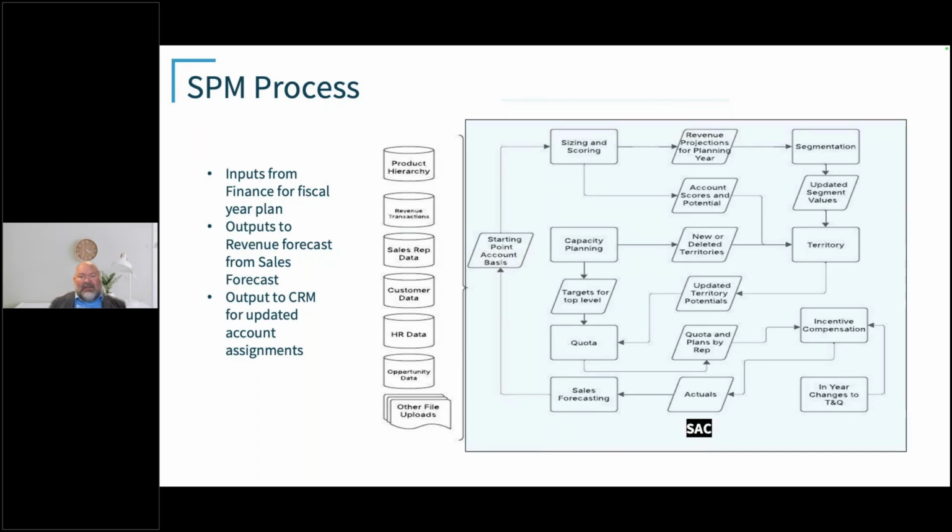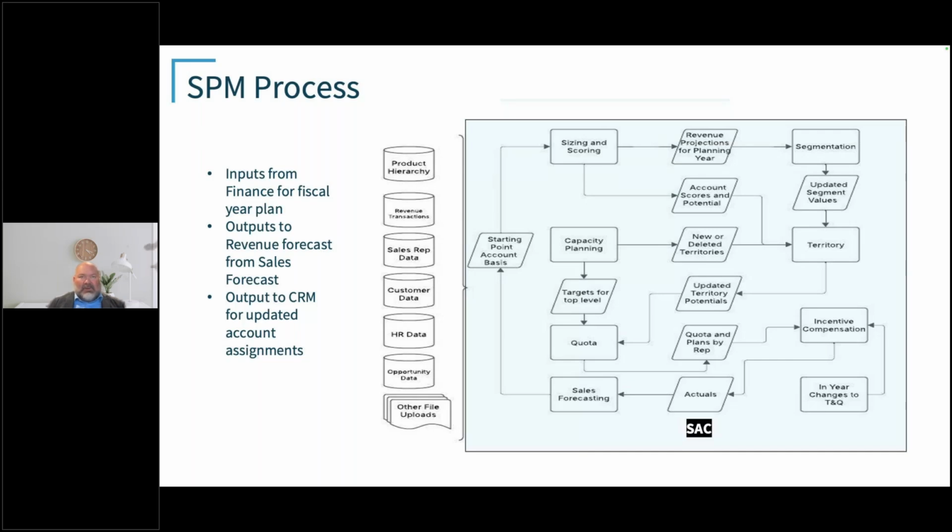So our CRM, we use Salesforce, and it worked fine for what it did, but we were feeding it from Excel every year. And then every month, whenever there were changes to account assignments, we'd have to feed it another feed to change the accounts to the new owners.